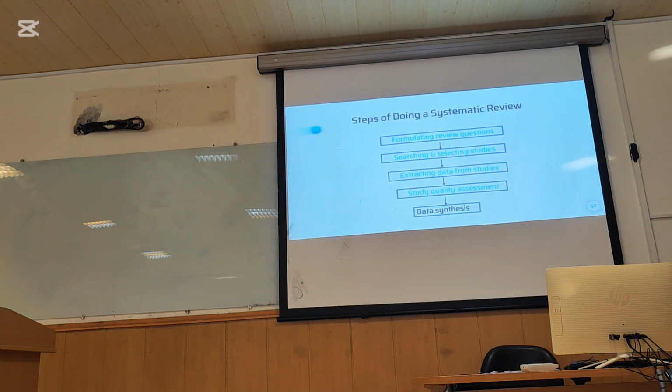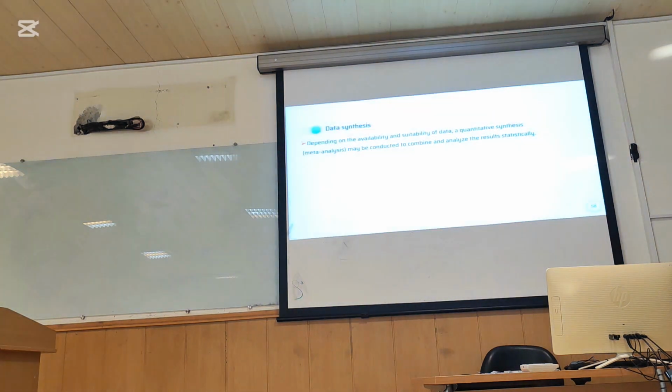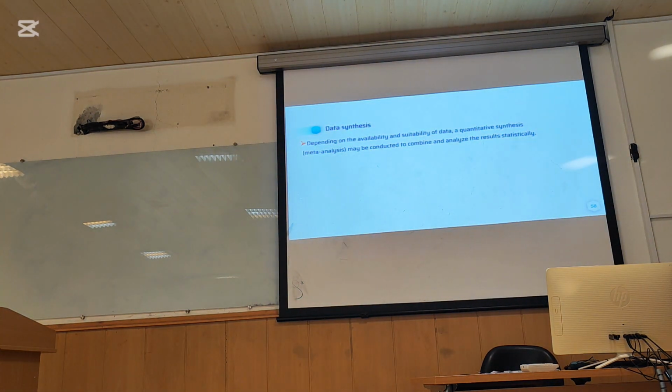And finally, we can have data analysis or data synthesis, which is called meta-analysis in a systematic review. It is a kind of weighted average, and it depends on the availability and suitability of data.